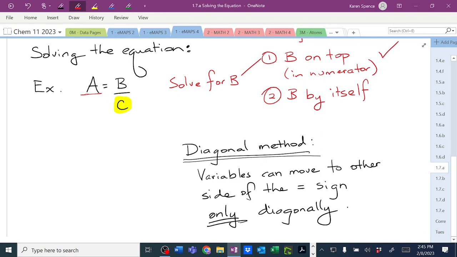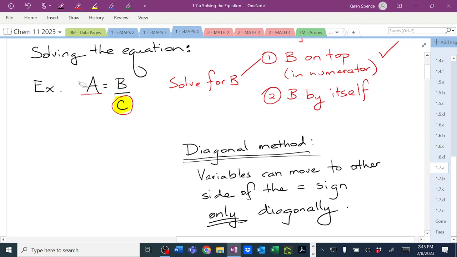So what I'm wanting to do is get C out of the right-hand side and onto the left-hand side. There's two places it could go. It could go into the numerator, or it could go into the denominator. If I move it into the denominator, has it moved diagonally? No, it has moved straight across.